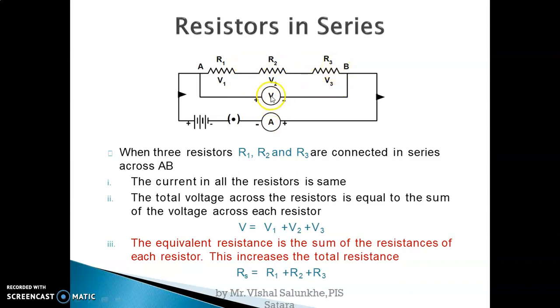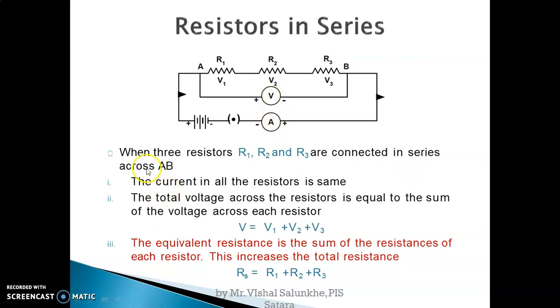So V is the total potential difference across R1, R2 and R3, and we can write V equals V1 plus V2 plus V3. This arrangement is connected across one battery, a key and an ammeter to measure the current, while a voltmeter measures the potential difference.